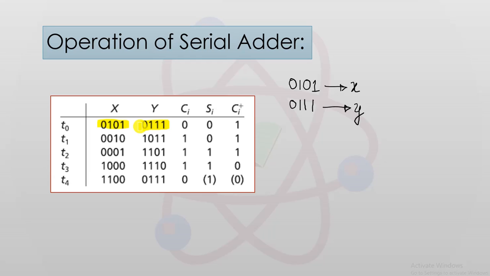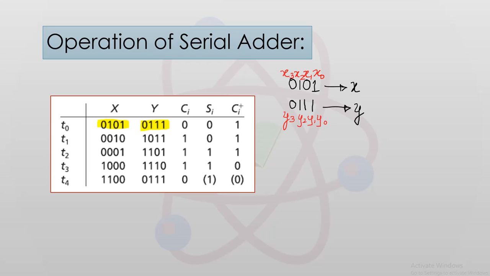Initially I will be adding the contents in the LSB bit. So if I consider this one to be x0, x1, x2 and this to be x3, and this to be y3, y2, y1 and y0.